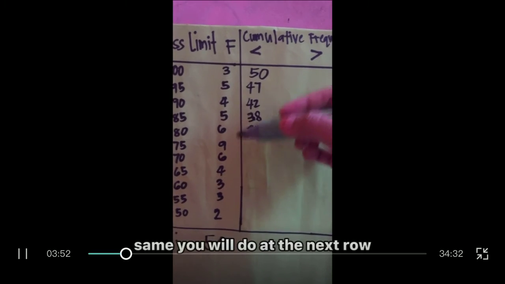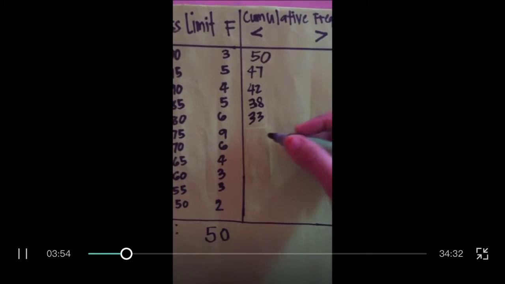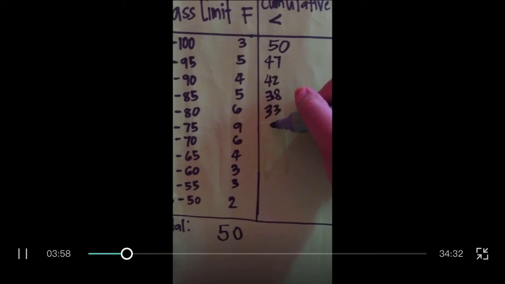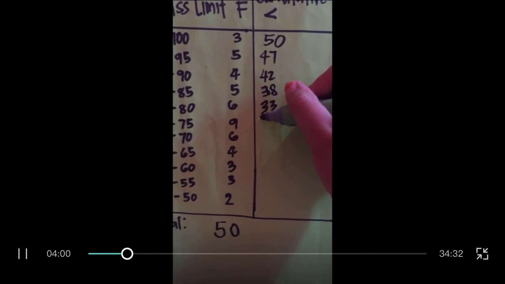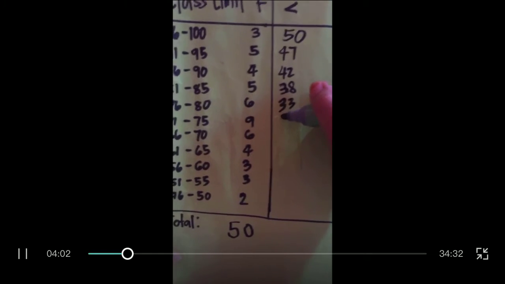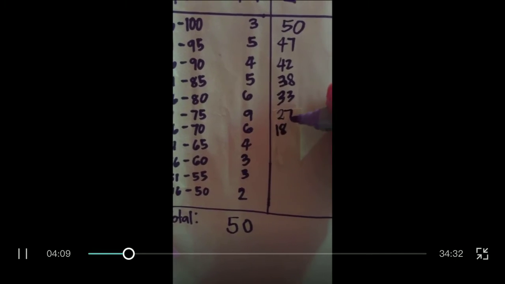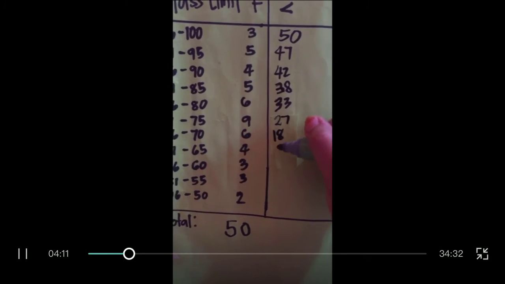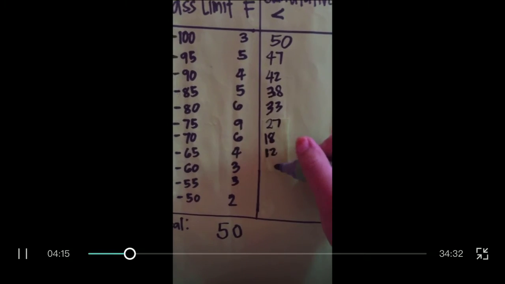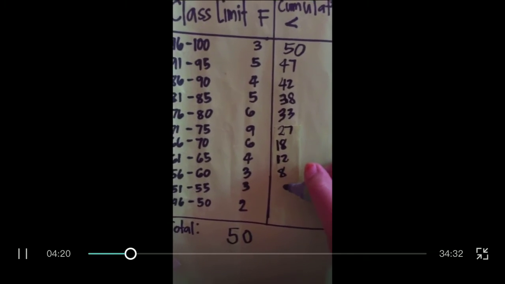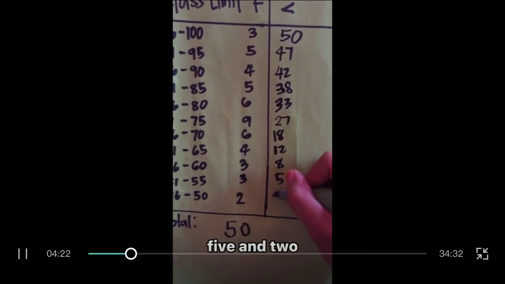You will do the same in the next rows, so here are 27, 18, 12, 8, 5, and 2.